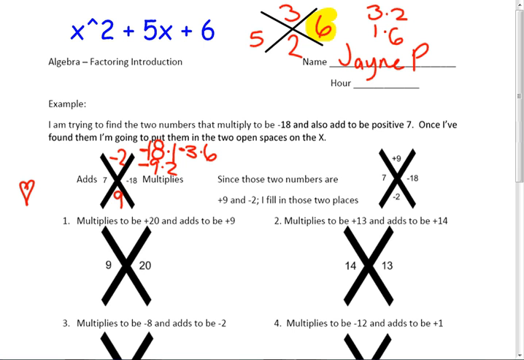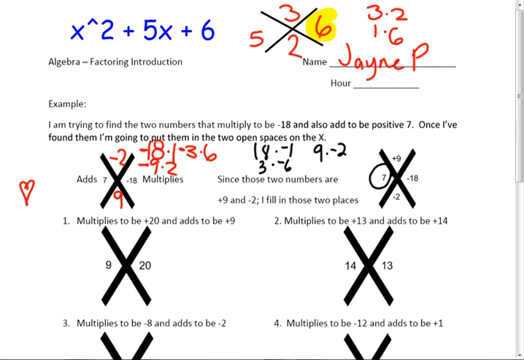Because you're going to have to put them in the right place. You have a negative 18 right here. Two numbers that give you negative 18. You have this possibility. You also have an 18 times a negative 1, and a positive 3 times a negative 6, and a positive 9 times a negative 2.